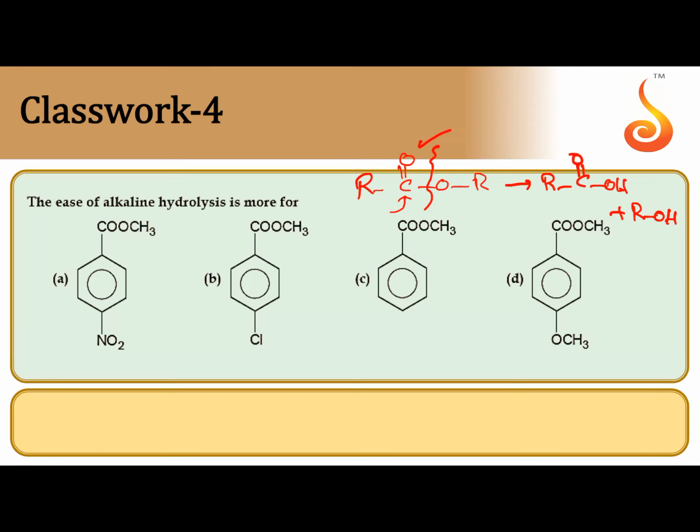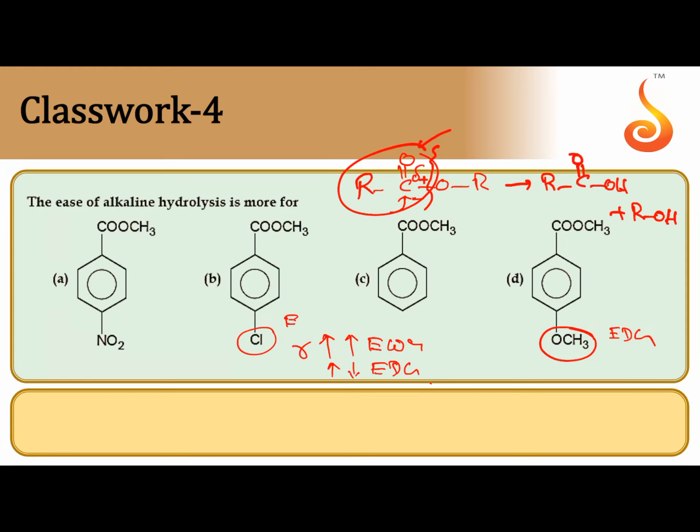So the reactivity at the acyl carbon depends on the positive charge on this carbon. Positive charge is increased by an electron withdrawing group. So the rate of hydrolysis is increased by electron withdrawing groups and decreased by electron donating groups. Among all these 4, OCH3 is a plus R group, an electron donating group.